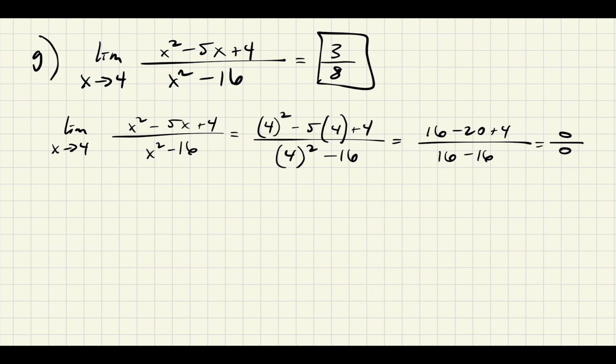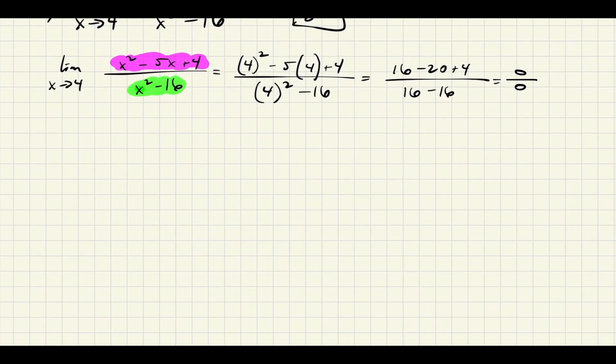So the top is a trinomial, the bottom is a binomial. So I'm going to try to factor it like I've been doing. Try to factor the top, factor the bottom. Top is a trinomial, there's no GCF. So you get 4 on top and negative 5 on bottom. So you're looking for the two numbers that multiply to be 4 and add to be negative 5.